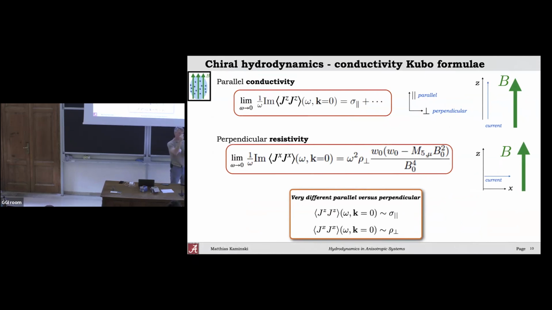Well, if you have a charge carrier that's moving along the magnetic field, it doesn't feel a Lorentz force. It just goes. It's transported as usual. But once you have a magnetic field and you move transverse to it, you have a Lorentz force that leads your charge carriers onto a cyclotron orbit around the magnetic field lines. So basically your magnetic field pins the charge carriers in the transverse direction and doesn't allow them to transport anywhere.